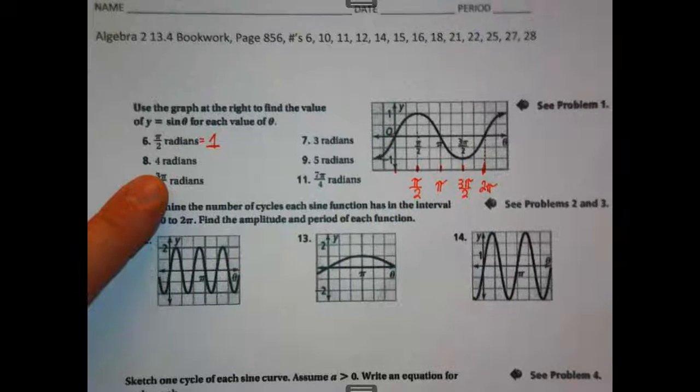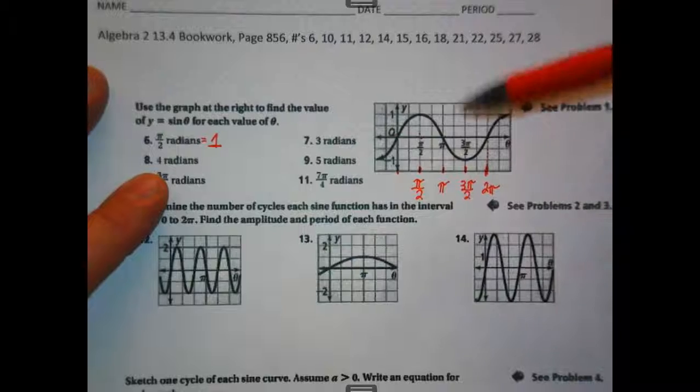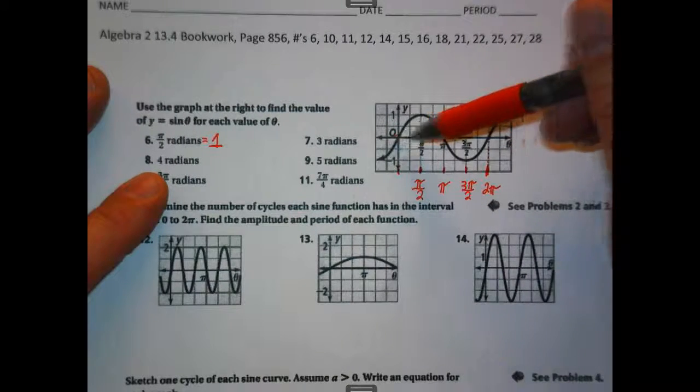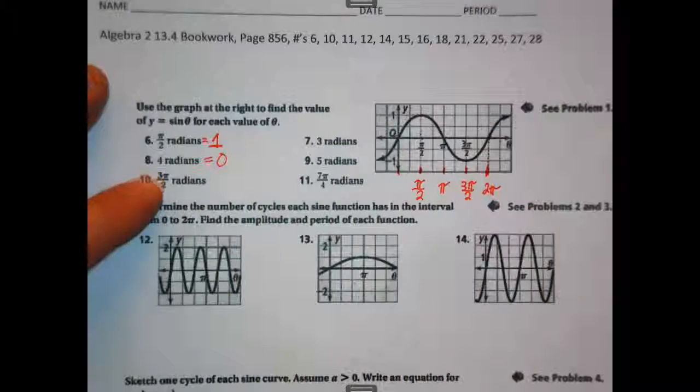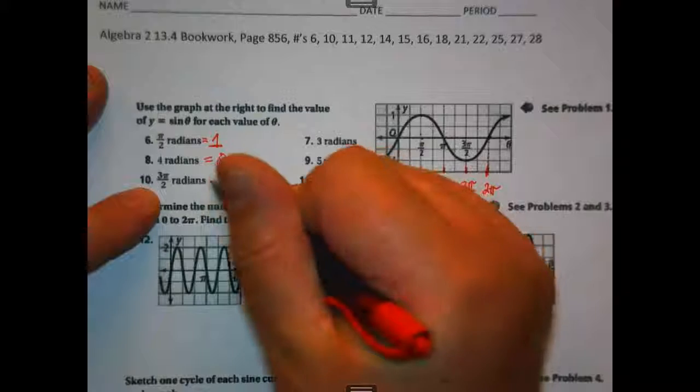At 4 radians, well, here's 2 pi radians. At 4, it does double that, so it's going to be 0. 3 pi radians, negative 1. You get the idea?